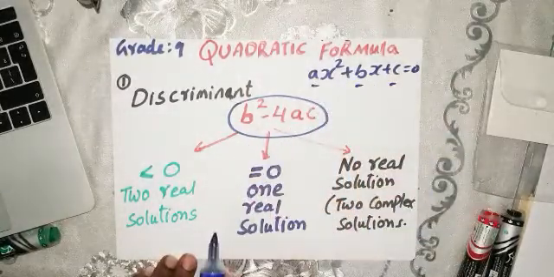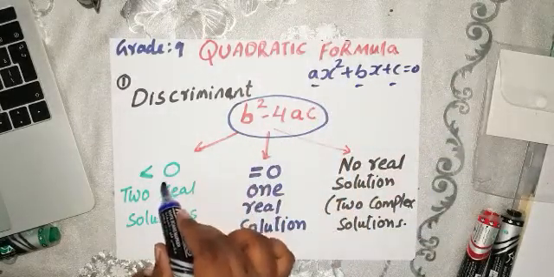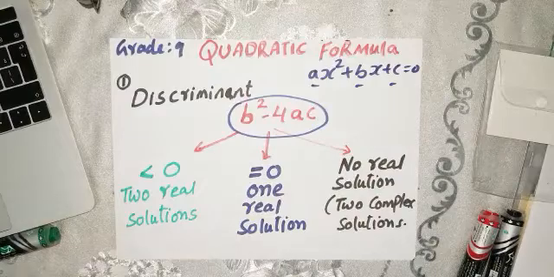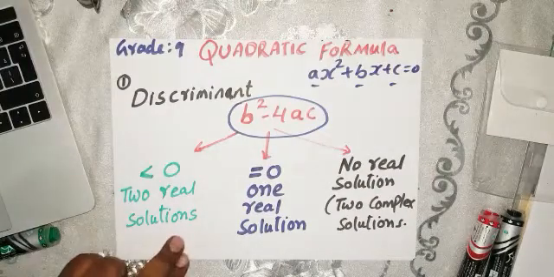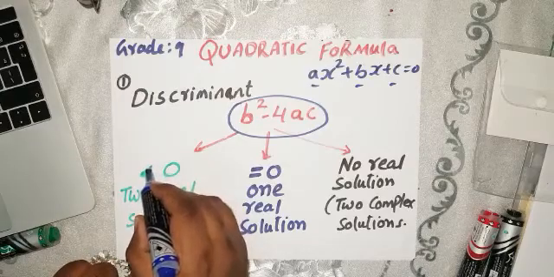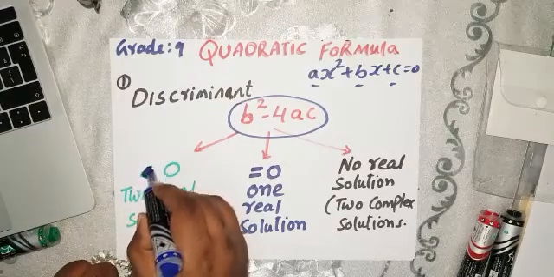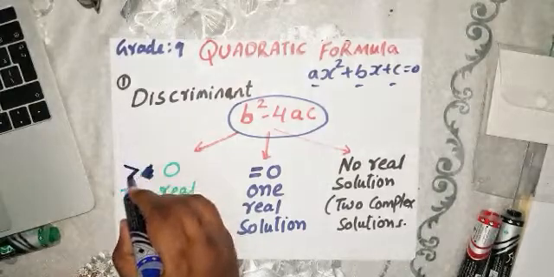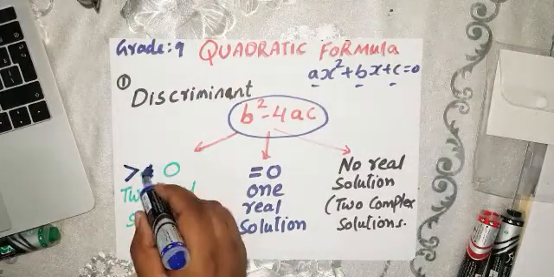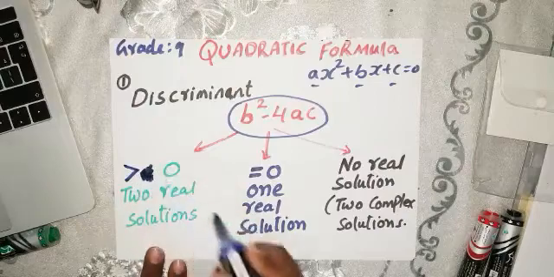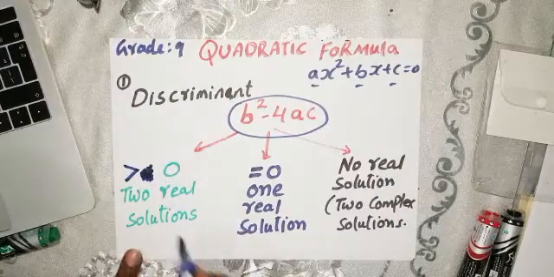If you drop it back in the equation, if your solution is less than 0, okay, just one second. If it is greater than 0, not less than 0, then you are going to have two real solutions.